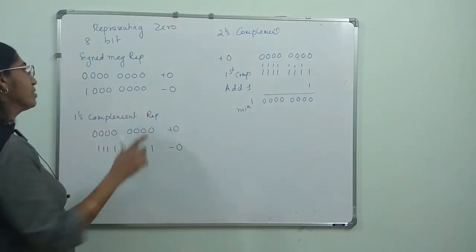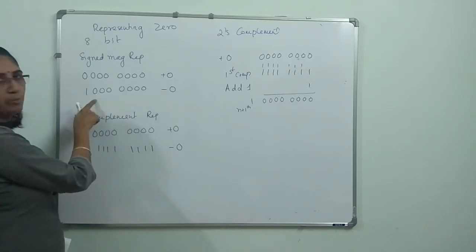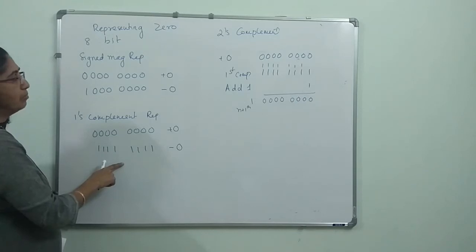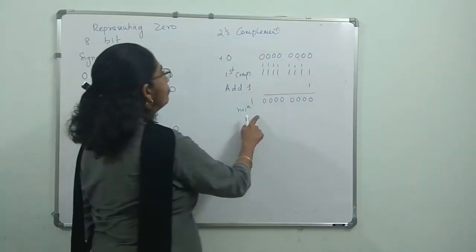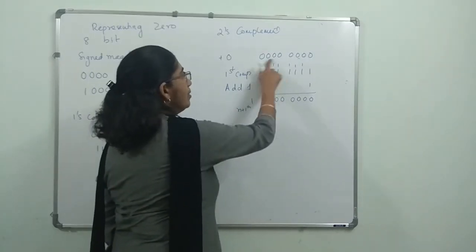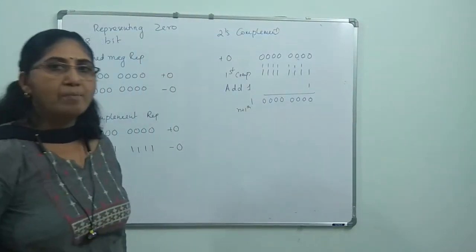To represent 0 itself, it is taking two types of arrangement, right? In the 2's complement form, to represent 0 only one arrangement is required. So one extra bit pattern is available for representing another number.